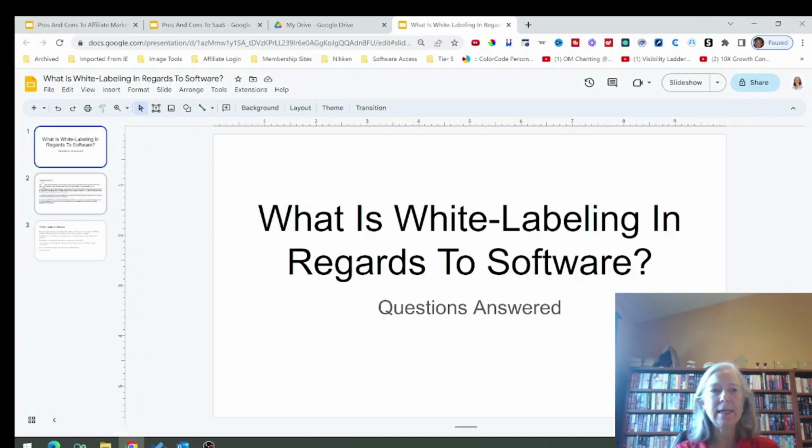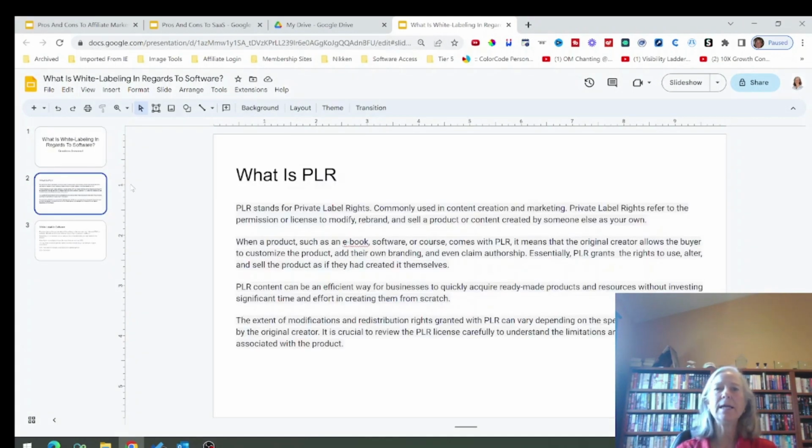So basically, PLR is where someone has created a product and they've licensed it, and then for a price they sell it, and the person they sell it to is able to license it, modify it, rebrand it, or even sell it as something that they created as their own. So usually this relates to like an ebook.